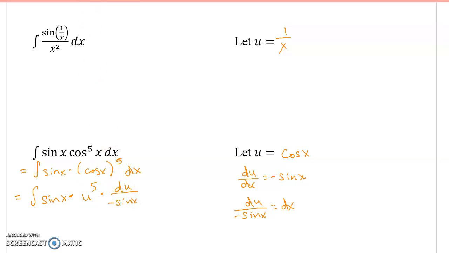Okay, so that's perfect because the sine of x and the sine of x are gone. The negative gets pulled out front, and we have u to the fifth du. So we've got negative u to the sixth times 1/6 plus c, or negative 1/6. Well, that's cosine to the sixth of x.